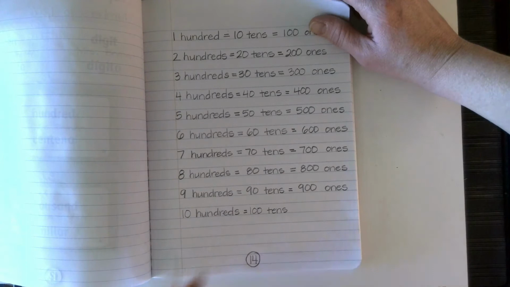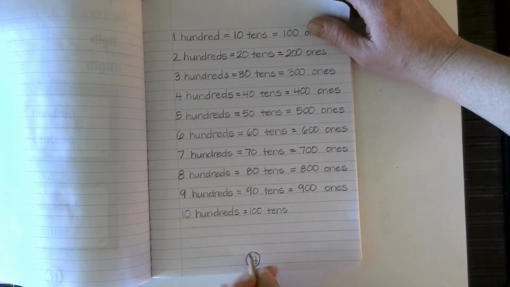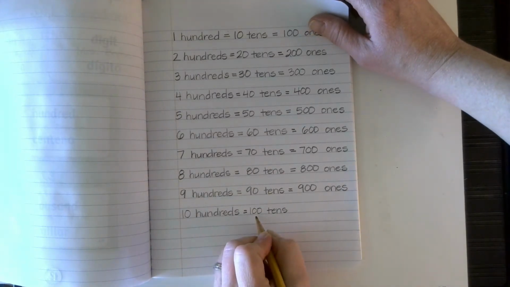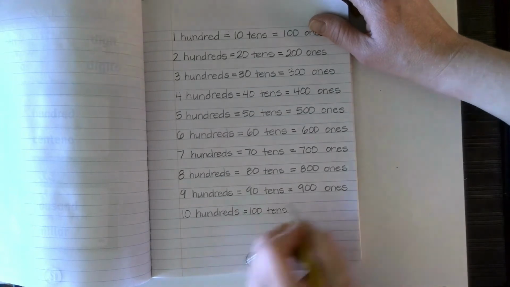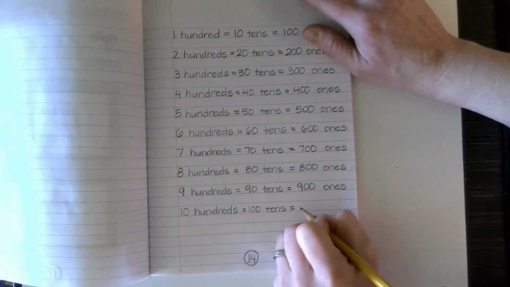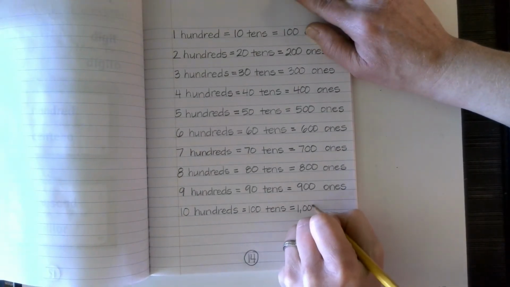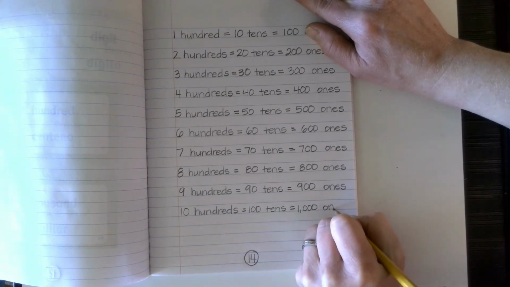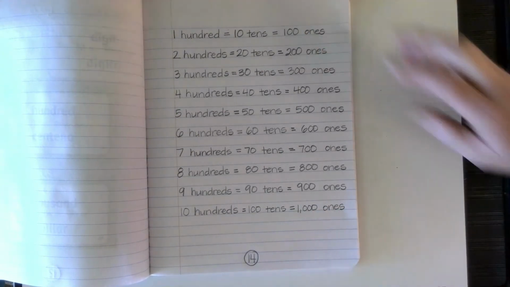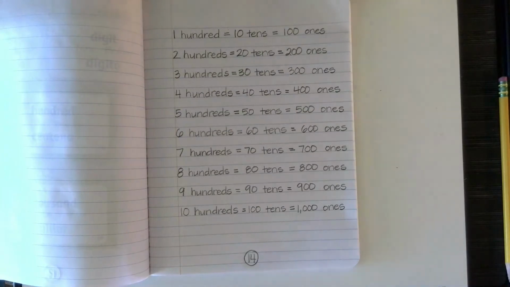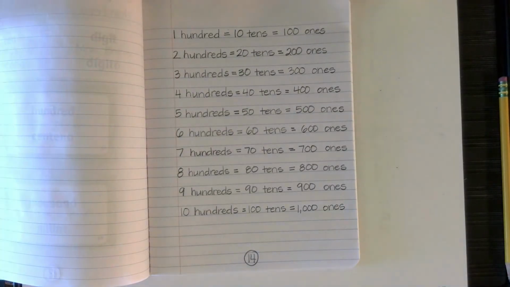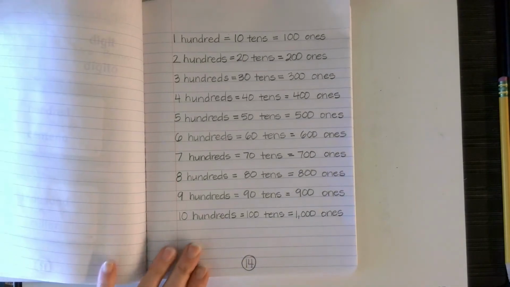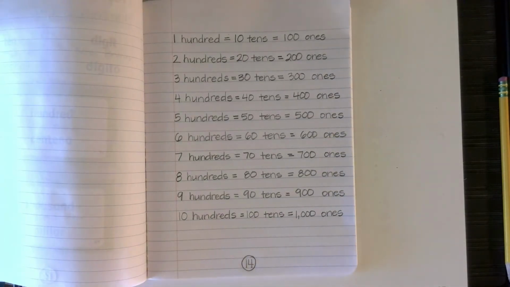So 10 hundreds is equal to 100 tens. And that is equal to 1,000 ones. Hit pause if you need to while you finish that up.